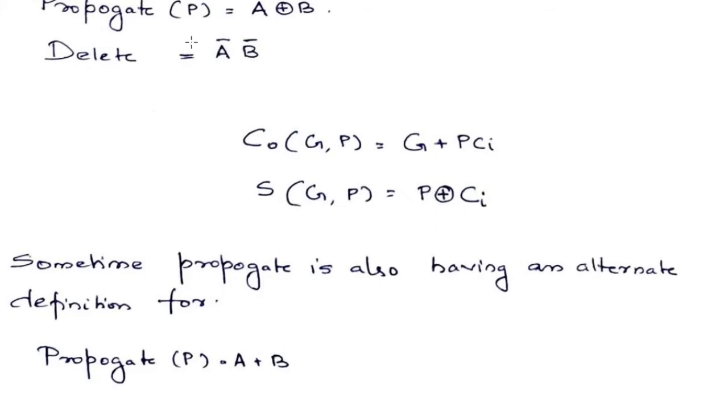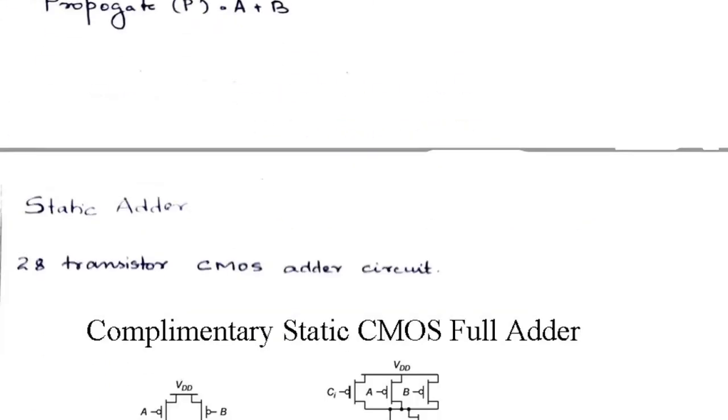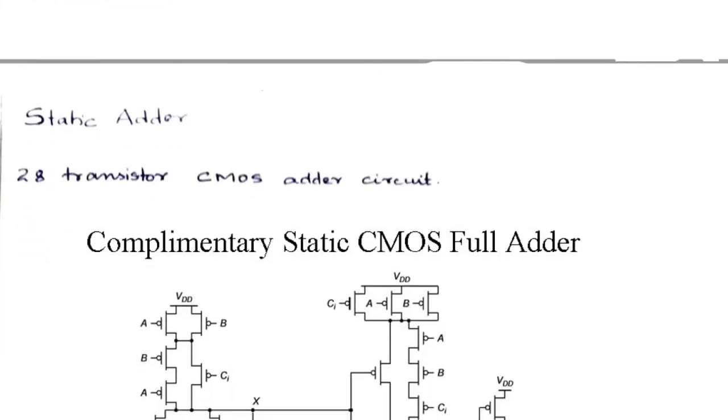So we found out P and G so that we can write the sum and the carry out in terms of G and P.